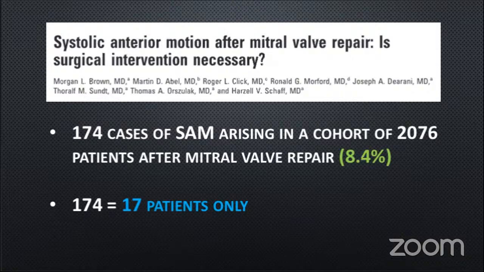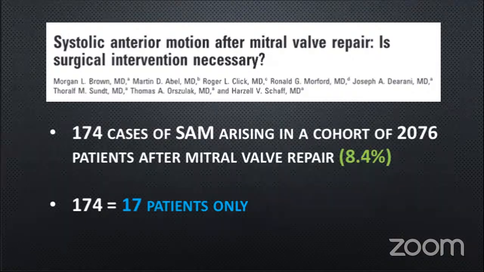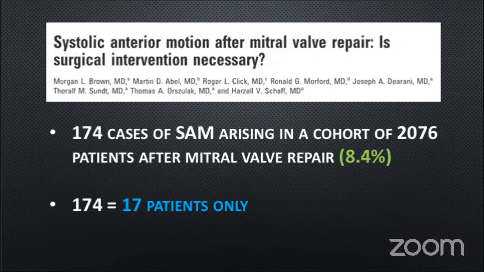They report that treatment with beta adrenoreceptor blockade, volume loading, and phenylephrine was sufficient to correct systolic anterior motion in the vast majority of patients, and only four patients required reoperation for systolic anterior motion. At late follow-up, SAM persisted in only 17 patients out of the 174 who developed SAM out of 2,076 patients.